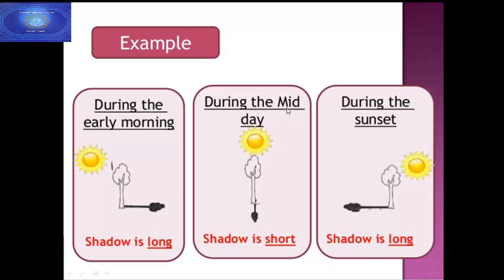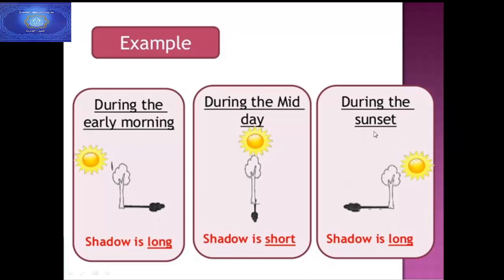During midday, or at noon, the sun is up, and the shortest shadow forms. At which time? At noon or midday, 12 o'clock to 1 o'clock.